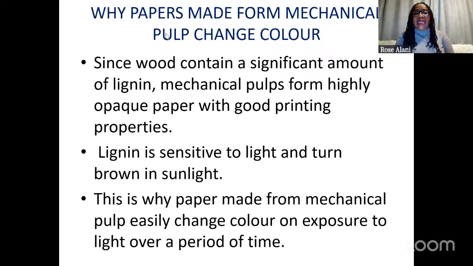The lignin is sensitive to light and turns brown when it's exposed to sunlight. So the light with the oxygen now forms back the chromophore. With time, we will see how the chromophore forms back in the paper.